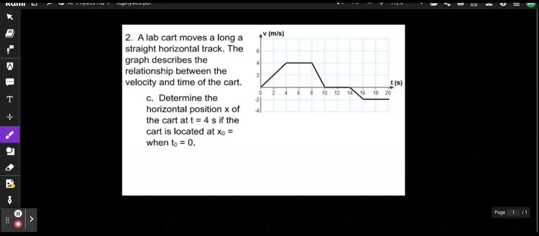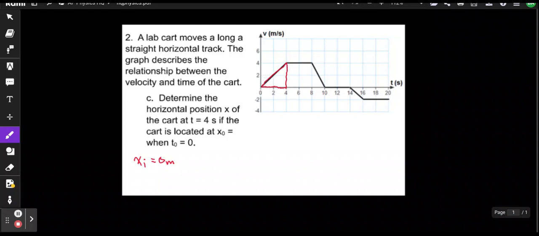Part C is asking, determine the horizontal position x of the cart at time 4 seconds if the cart is located at a displacement of 0 when time is 0. So if we know that our initial position, or x naught, is 0 meters, we need to figure out the displacement from 0 to 4 seconds. Remember that this is the velocity versus time graph, and in order to figure out displacement, we need to find the area under the graph from 0 to 4 seconds.